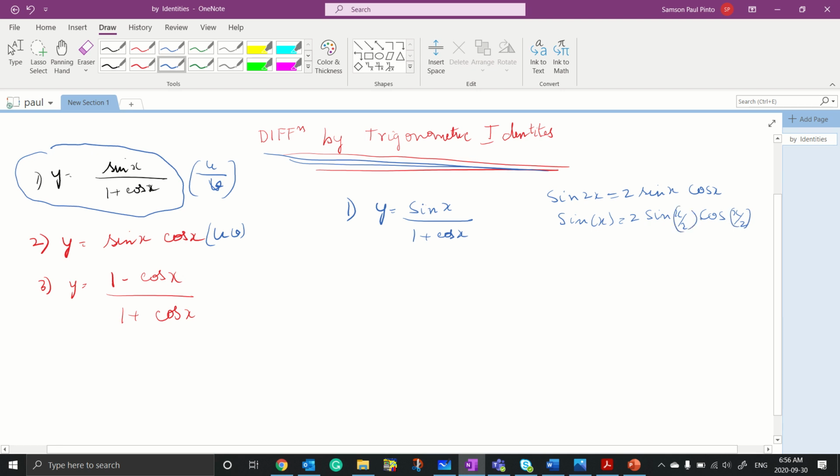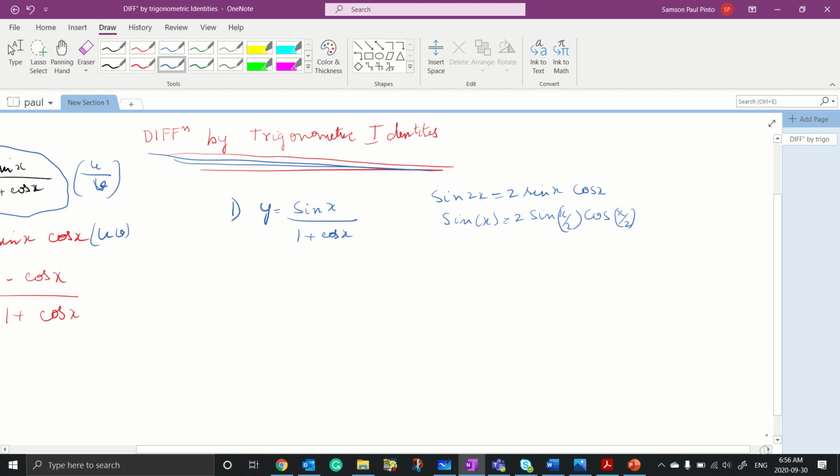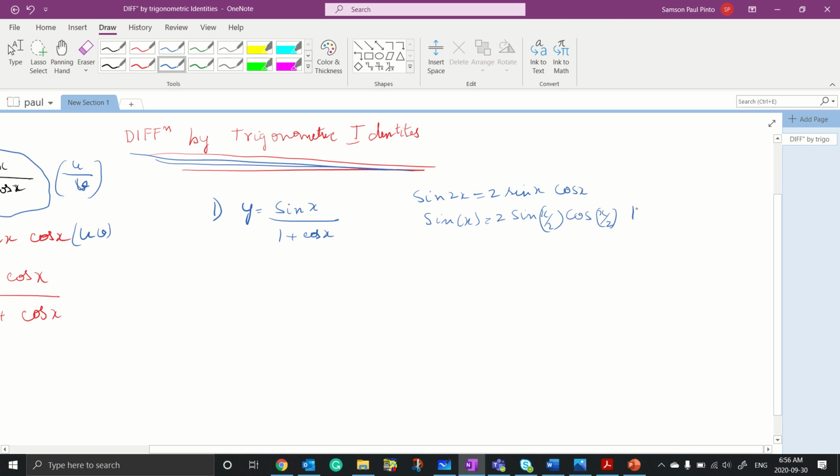These kinds of formulas are called half angle formulas. And so this is how you solve these problems.